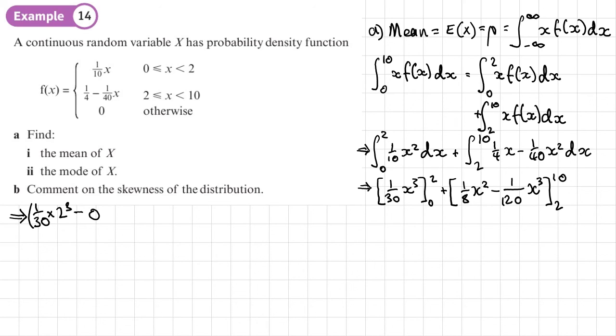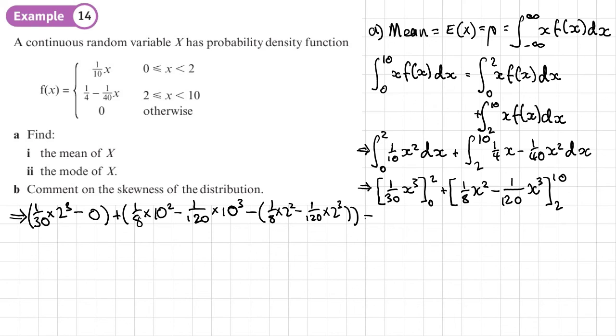So 0 plus 1/8 times 10 squared minus 1 over 120 times 10 cubed. Now, when we substitute 2 in, we'll get 1 over 8 times 2 squared minus 1 over 120 times 2 cubed.